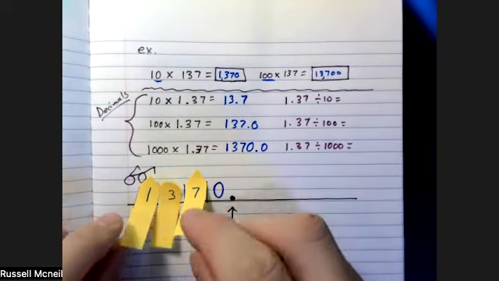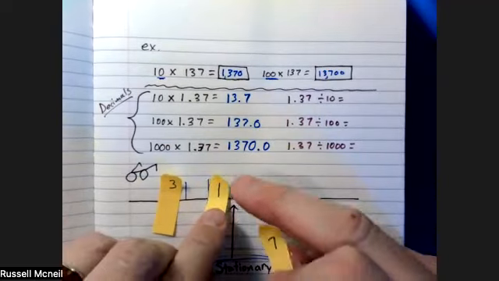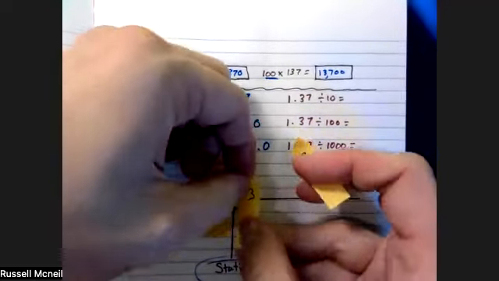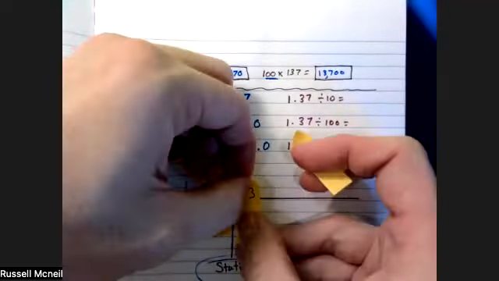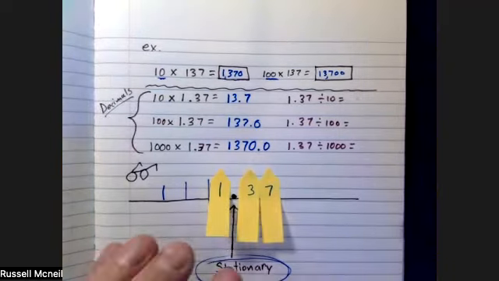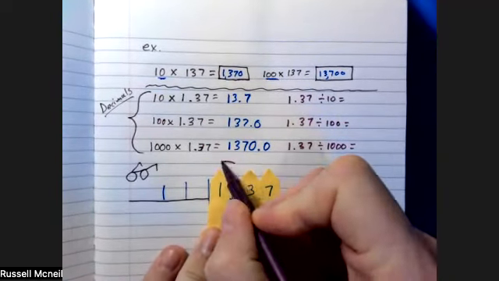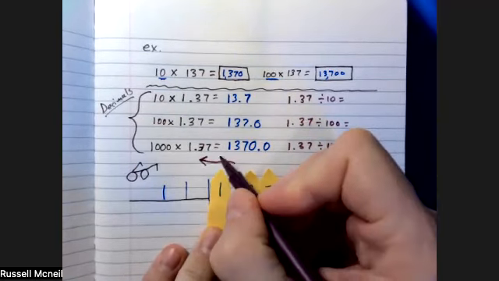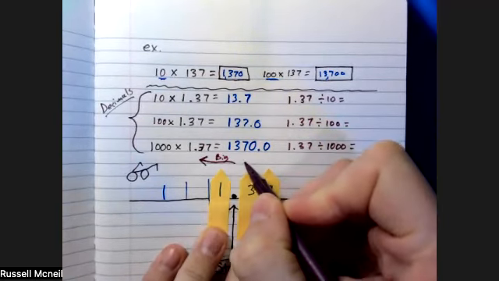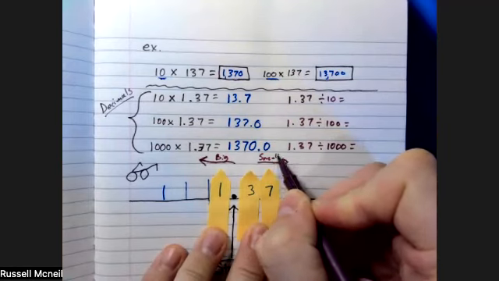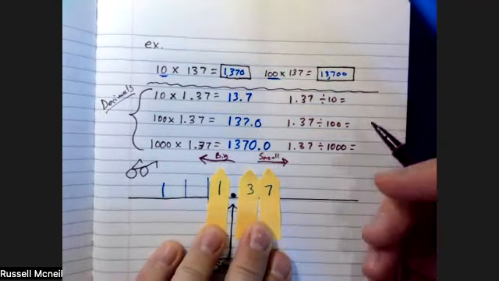So let's bring our number back to start. 1, 3, 7. When we multiplied, we were going greater. We were moving left for big. We're going right for smaller. So when we're dividing, we're inherently making something smaller.